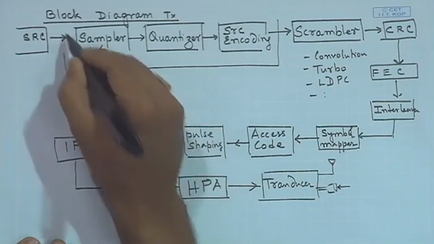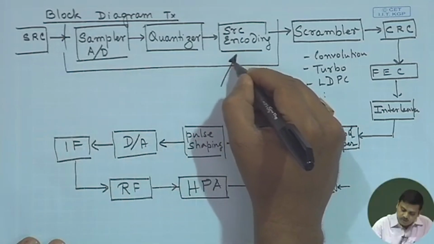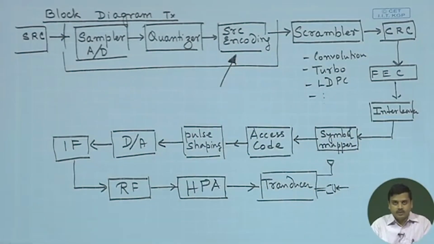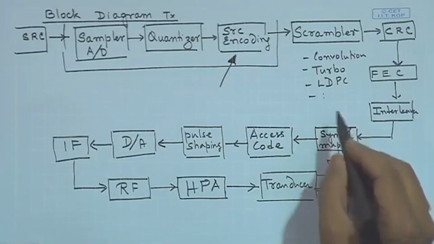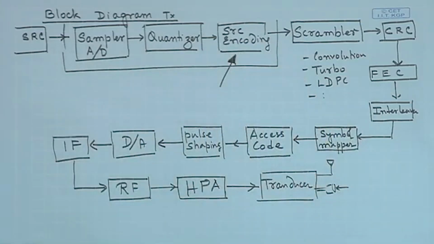So, in the next lecture we will begin with this particular block, and we will rather begin with source encoding, which we started off describing in this particular lecture. Following source encoding, we will look at these two components, so that will complete the source encoder overall.